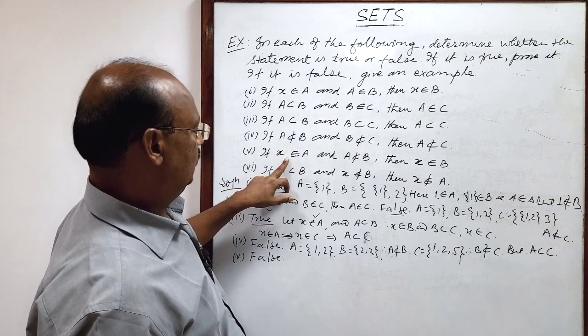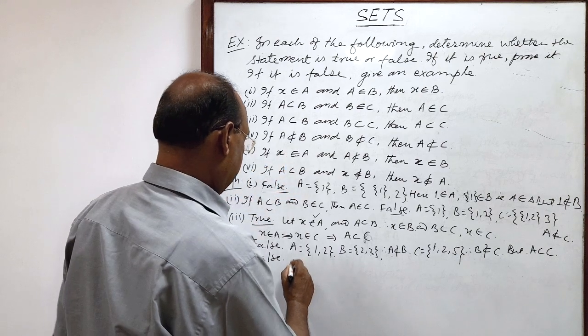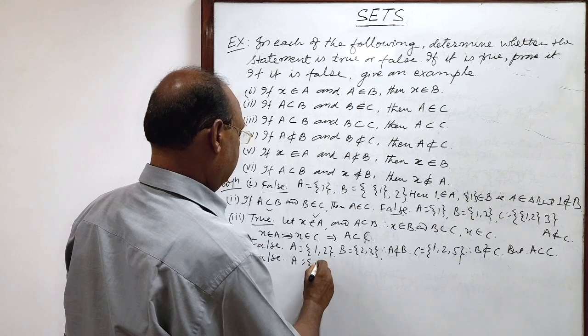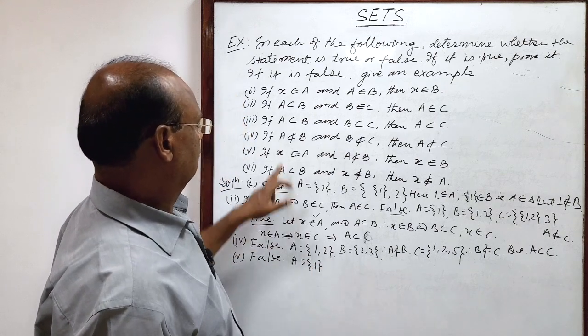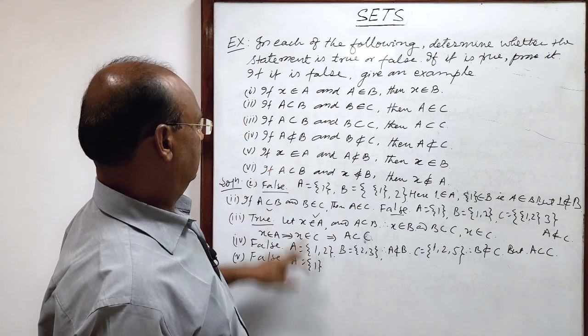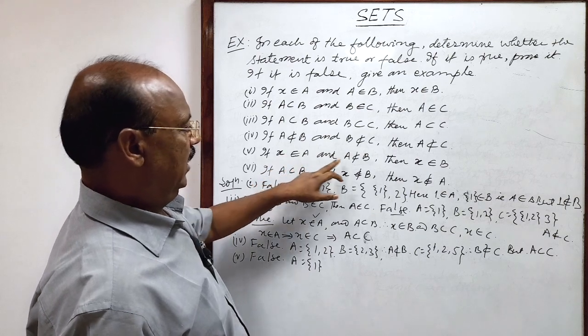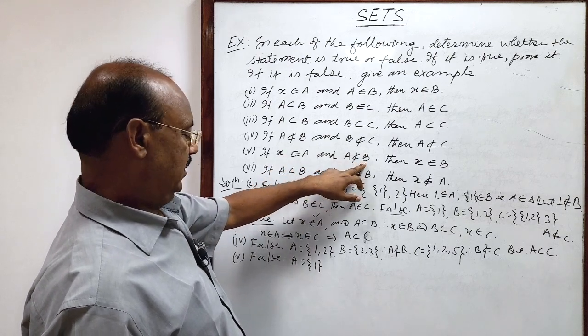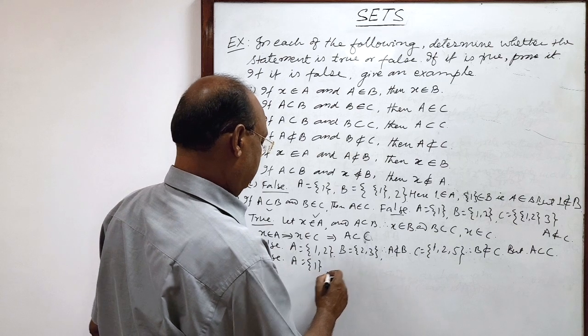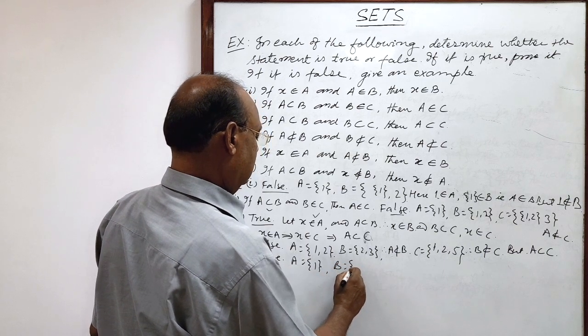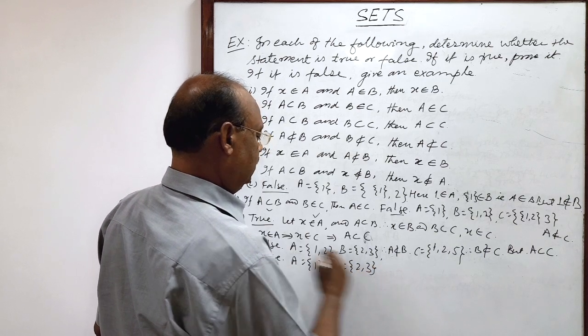Let us take an example. Suppose set A has element 1, so X is 1 here, X belonging to A. And A is not a subset of B, where B is a set having elements 2, 3.